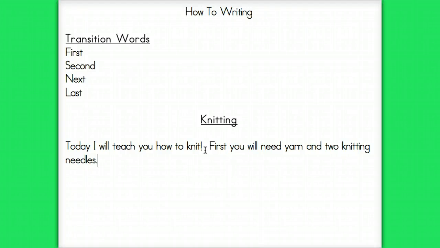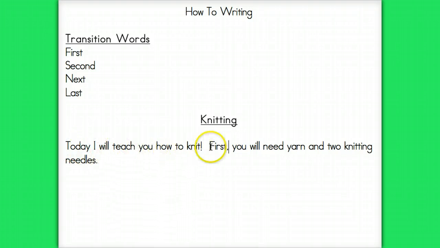Okay, so I want you to notice how I used the transition word first. After first, I need to remember to put a comma because when we're reading this, we're going to take a little pause.